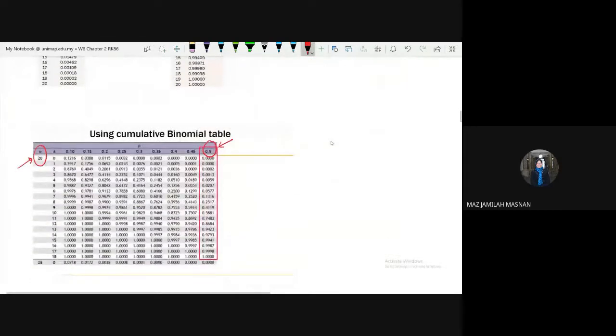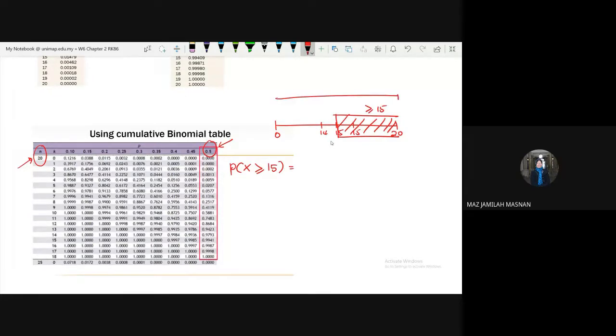So let's say P(X greater than or equal to 15). Greater than or equal to 15 means that we are talking from 0 until 20, and 15 is included. So the whole probability is 1, so we can deduct from this particular region.